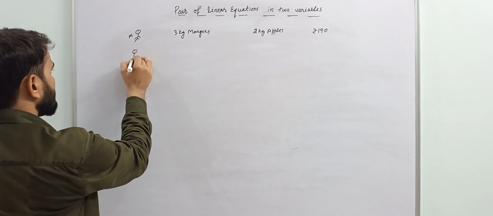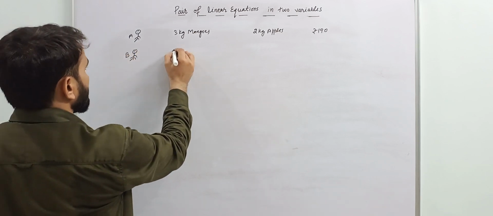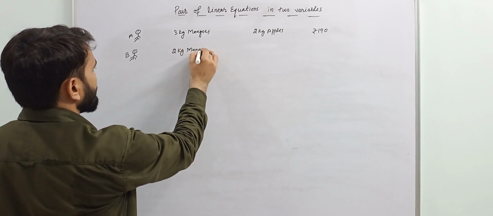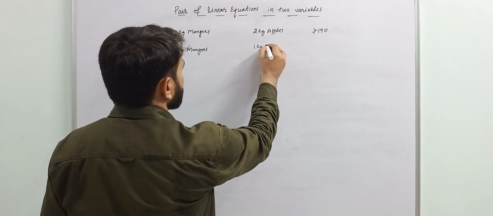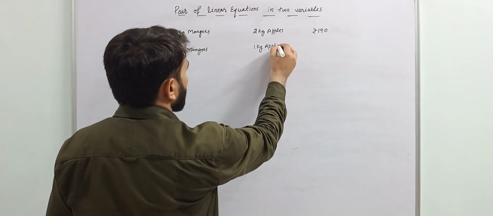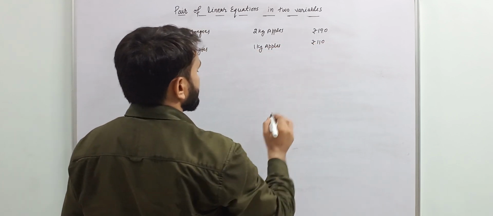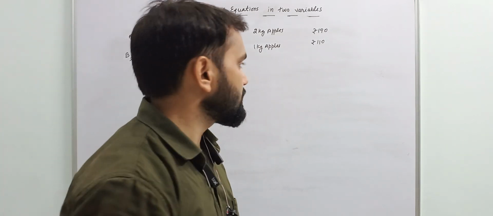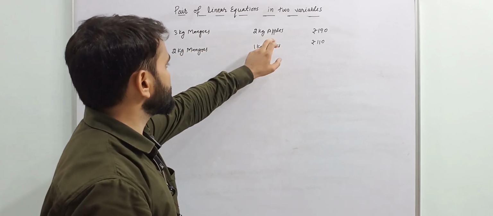At the same time, Mr. B bought 2 kg mangoes and 1 kg apples, and together they cost 110 rupees. Now my question is, can we find the cost of 1 kg mangoes and 1 kg apples?